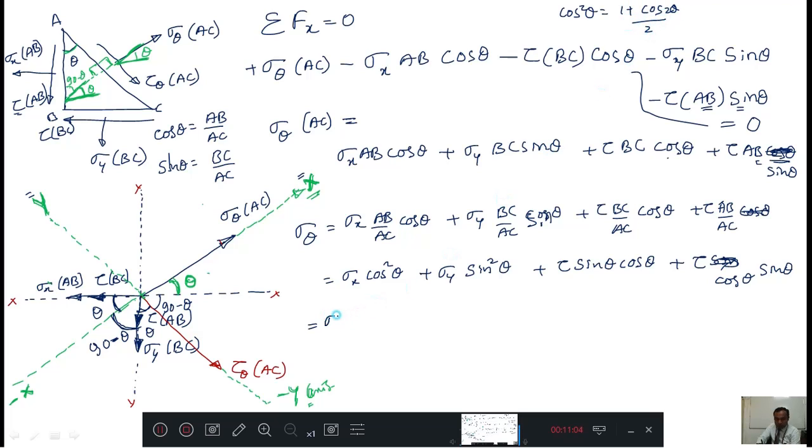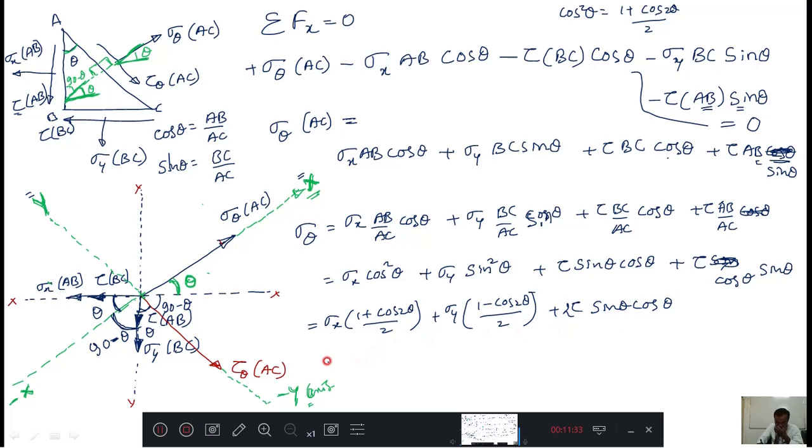Therefore, sigma x into (1 plus cos 2 theta by 2) plus sigma y, this I can write as (1 minus cos 2 theta by 2) plus tau taken common, these two are one and the same, therefore 2 sin theta cos theta.